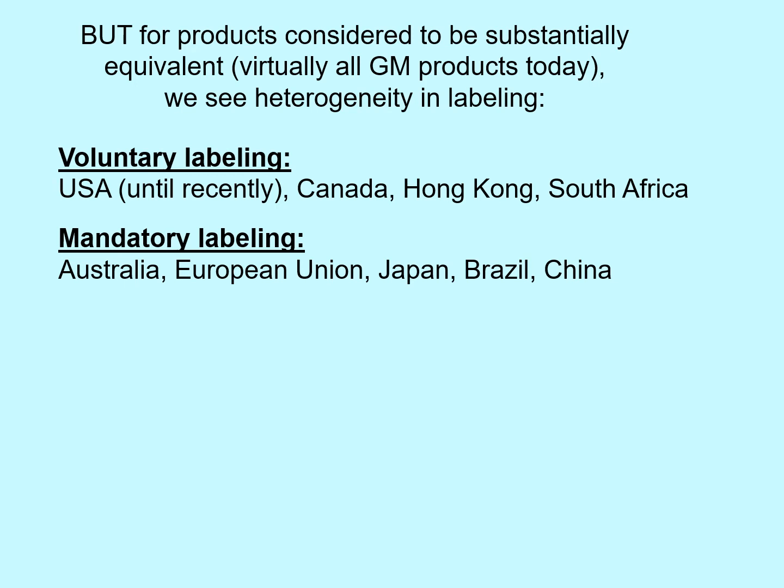So until recently, the USA had only voluntary labeling, as does still Canada, Hong Kong, and South Africa. Whereas Australia, the European Union, Japan, Brazil, and China have mandatory labeling. And the threshold levels range from 0.9 to 5%. And of course, the new upcoming United States law is over 5% for the entire product, not for individual ingredients.